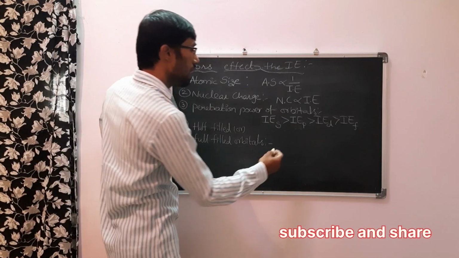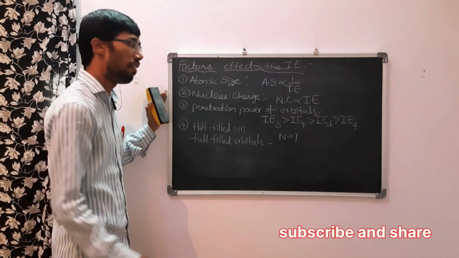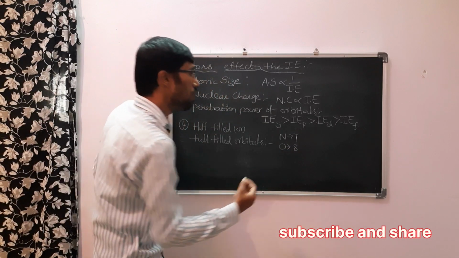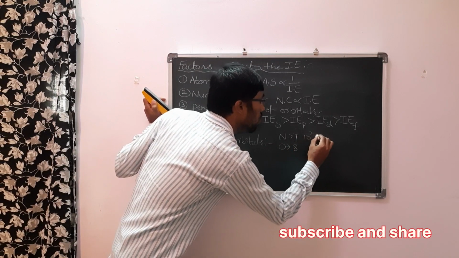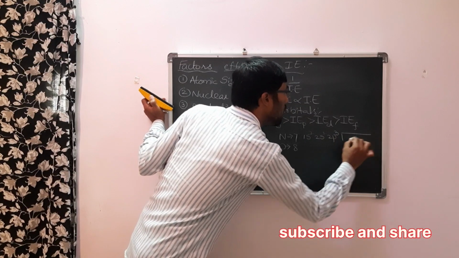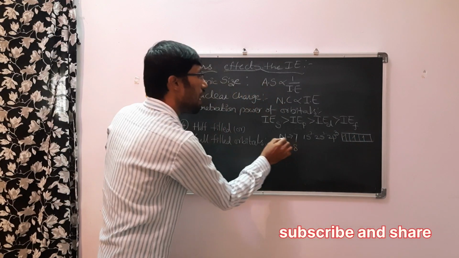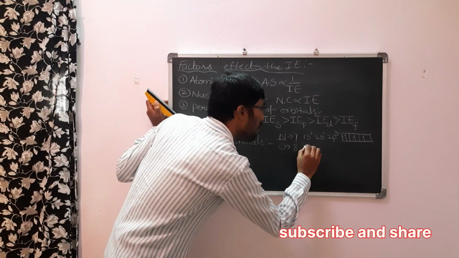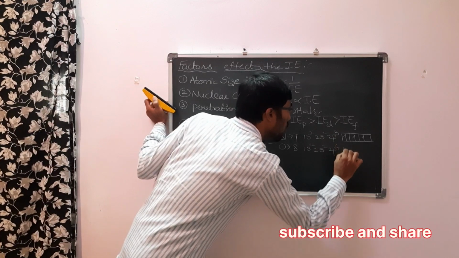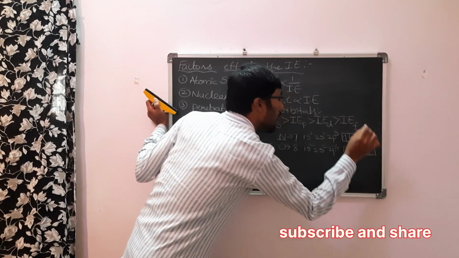For example, nitrogen has atomic number 7 and oxygen has atomic number 8. For nitrogen we write 1s2, 2s2, 2p3. So 2p3 means nitrogen has a half-filled orbital, whereas oxygen is 1s2, 2s2, 2p4, so it has more than half-filled electrons.